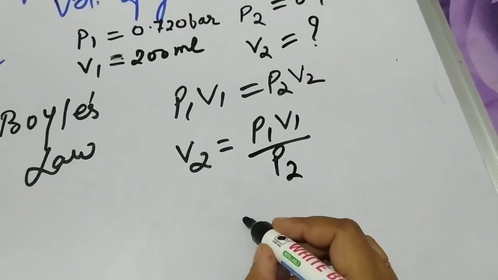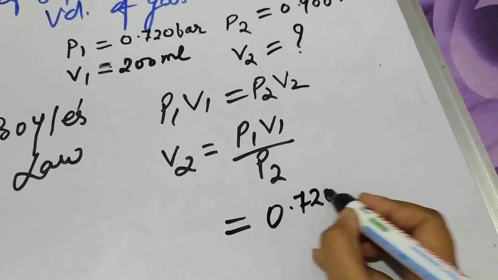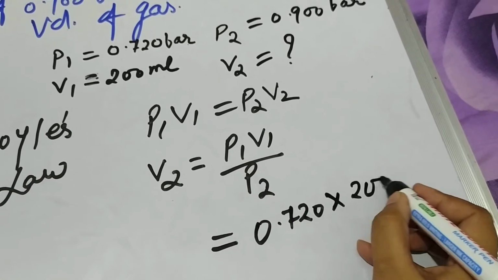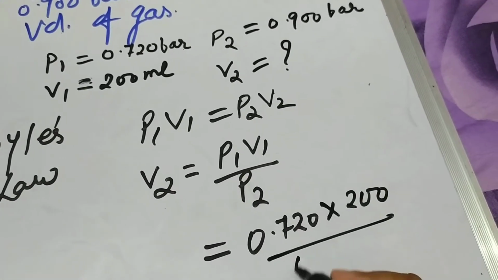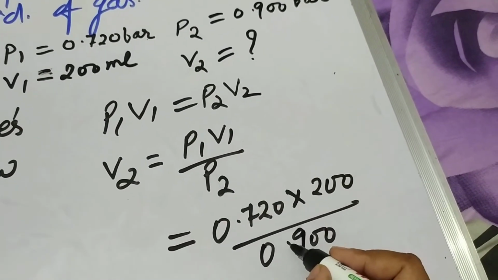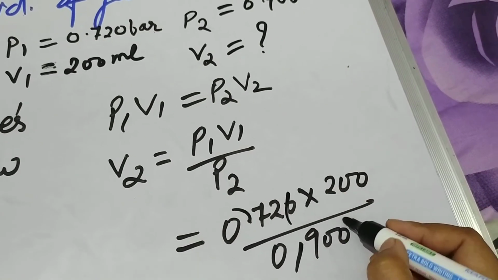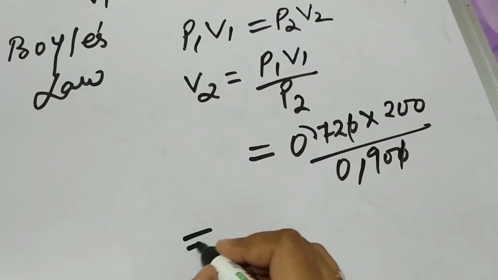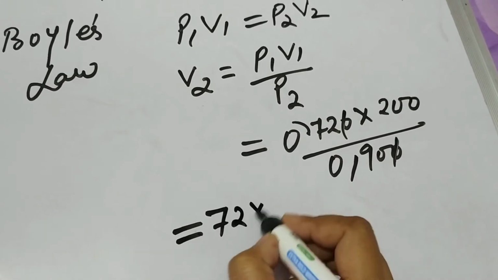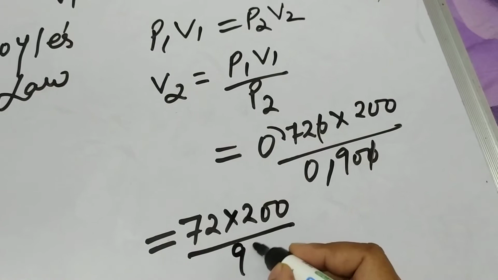Now you just substitute the values. P1 is 0.720, V1 is 200, and P2 is 0.900. Now you just solve this. We'll remove the decimal, cancel out the 0, and you will get here 72 into 200 divided by 90.